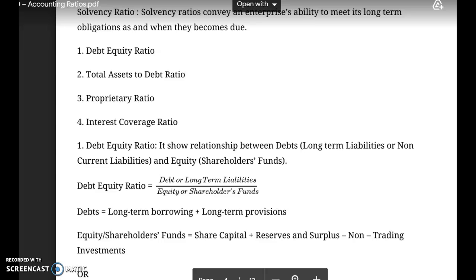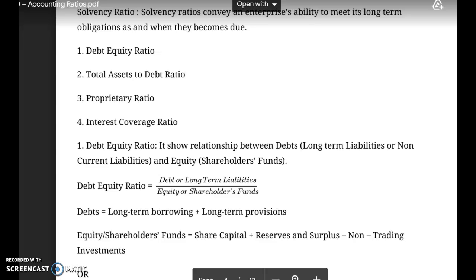Long-term liabilities here means a period running from 3 years to 10 years, 20 years, 30 years onwards. So in order to calculate the financial strength of an organization on a long-term basis, we calculate the long-term solvency ratios or solvency ratios.